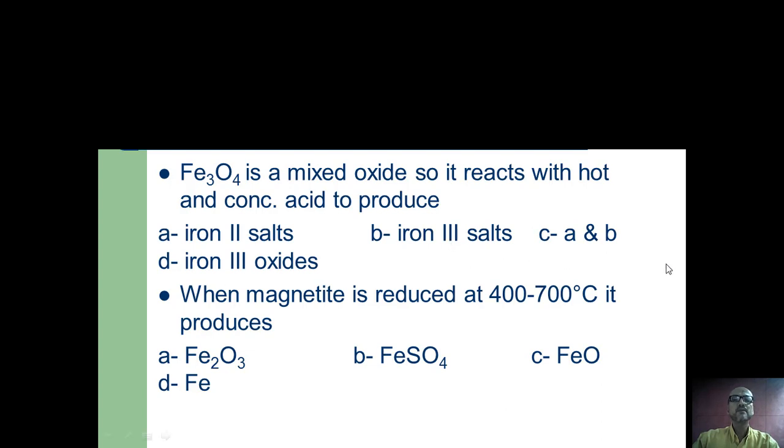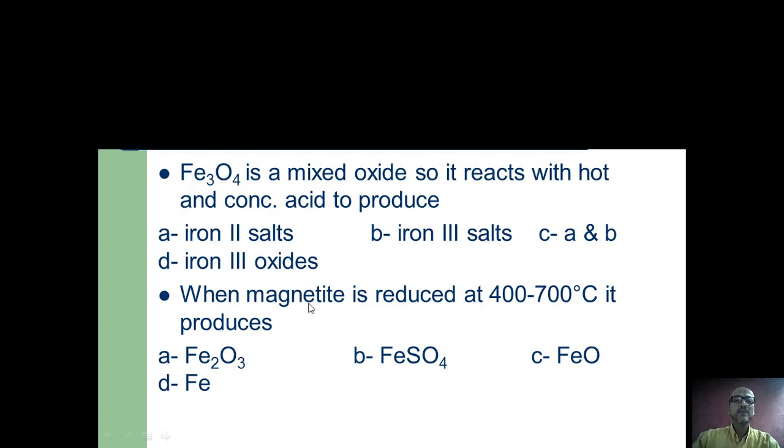Excellent, it will be C, A and B. Why? Because the question told you that this oxide is mixed. Mixed means it will produce 2 types of salts, which are 2 and 3 salts. So it will be C.